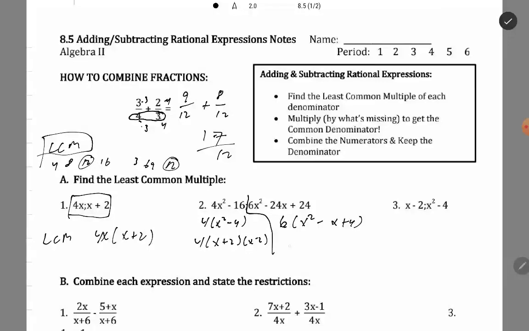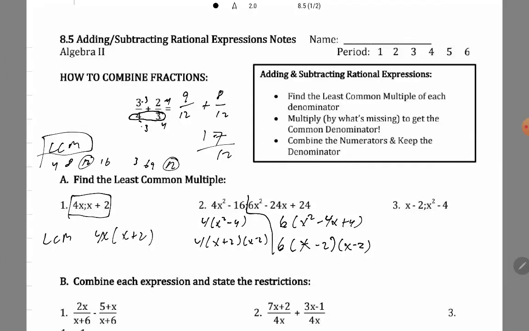And that'll become 6 times, there's supposed to be 4 here, there we go, x squared minus 4x plus 4. That'll become x minus 2, x minus 2.